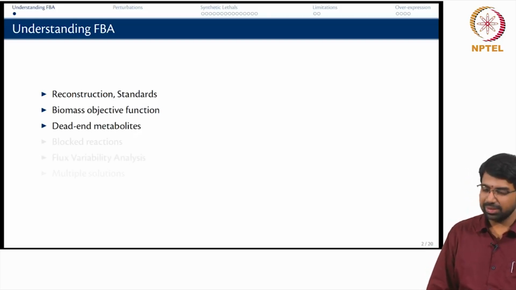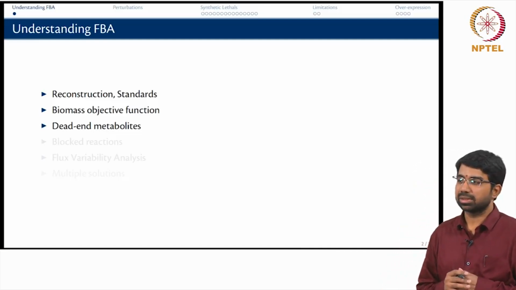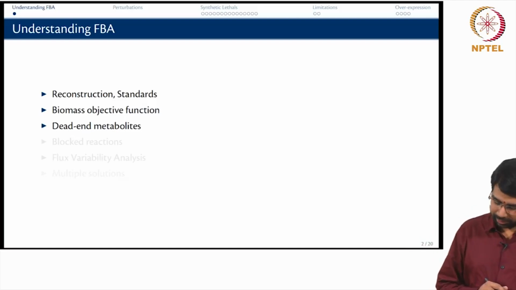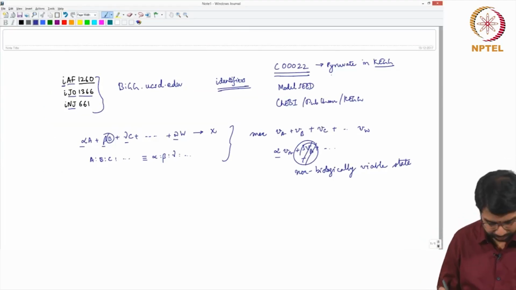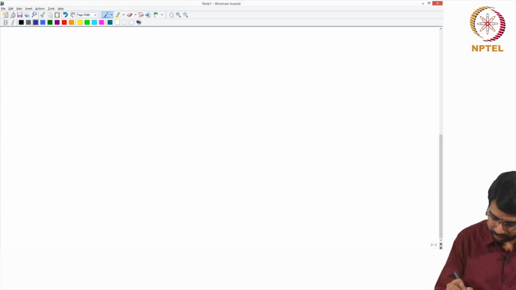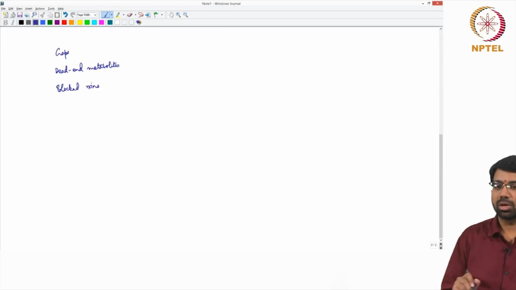And the next very interesting aspect of flux balance models is there are dead end metabolites. There are two kinds of dead end metabolites. There are two things you need to understand. You need to worry about gaps and blocked reactions.